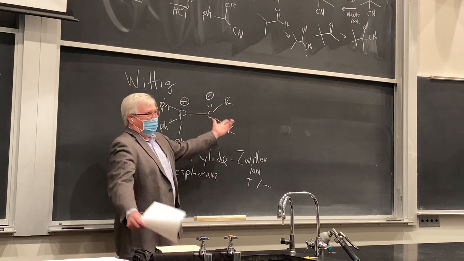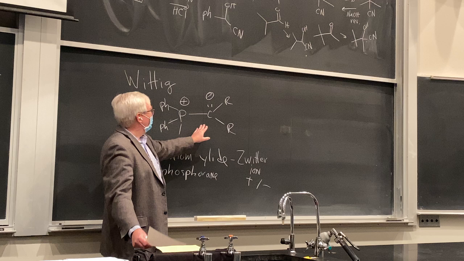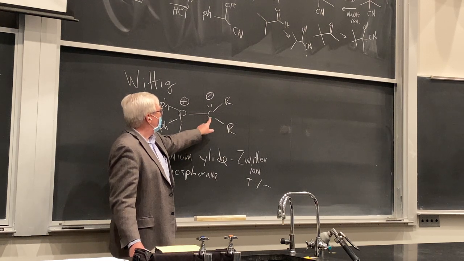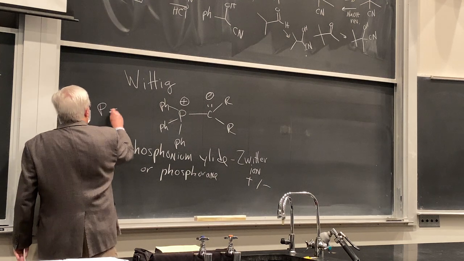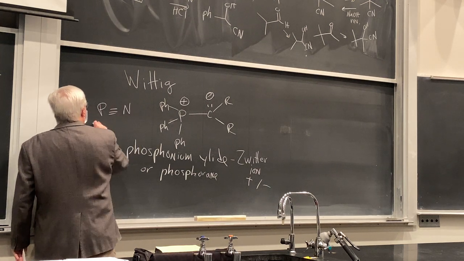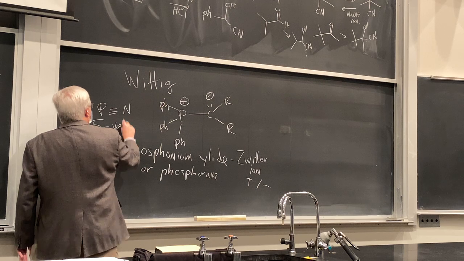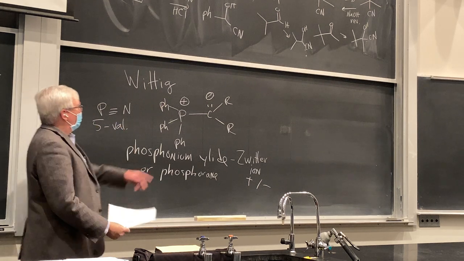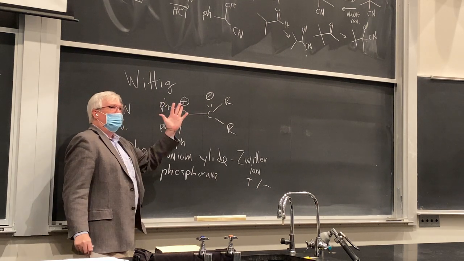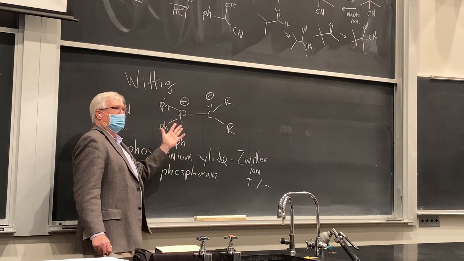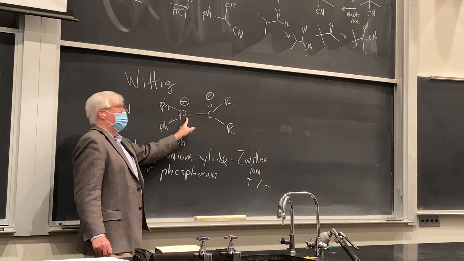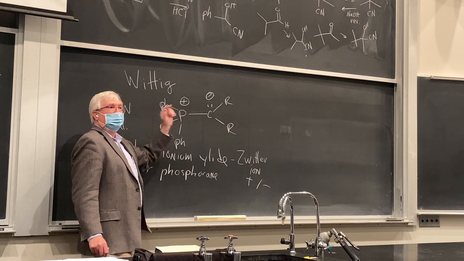So it's a neutral overall molecule, but you can think of it as a carbanion with a phosphorus plus. The other thing to notice here is phosphorus is in the same family as nitrogen, so five valence electrons. So how do we get this plus charge? Well, five valence electrons minus four bonds. We're down to +1, and there's no lone pairs on this phosphorus right now, so it is +1.